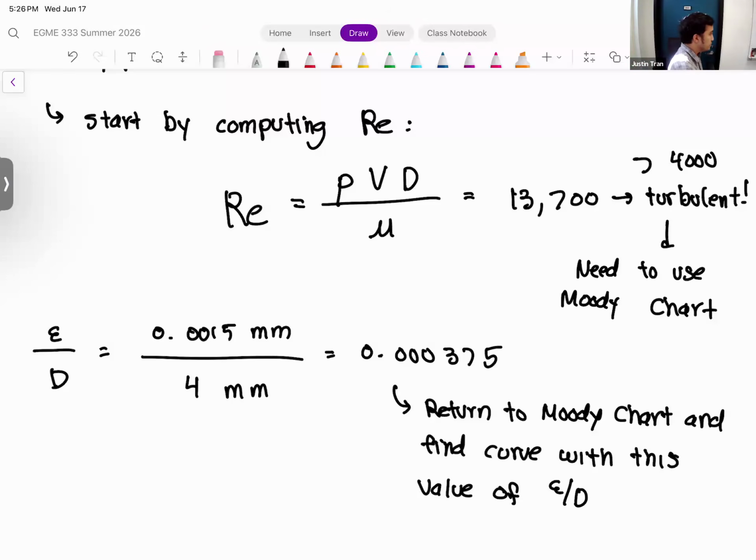Once we identify which curve has that value of epsilon over d, that's the curve we're going to follow along with our Reynolds number to give us our friction factor.